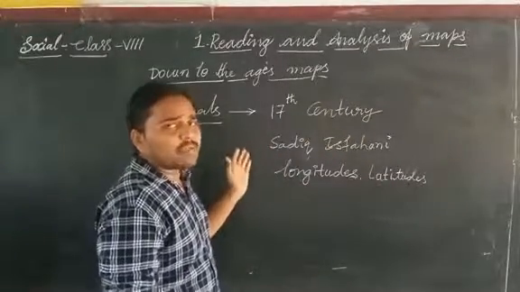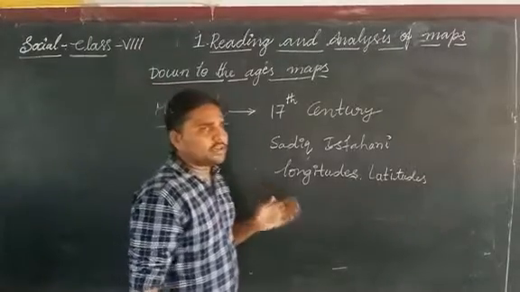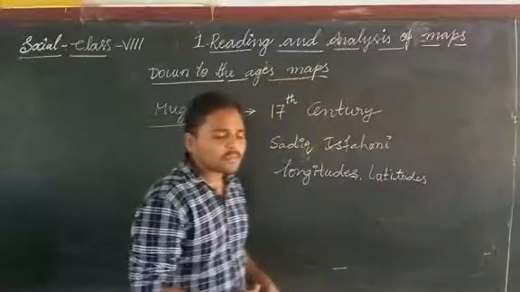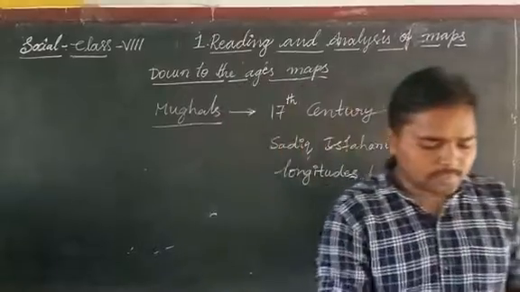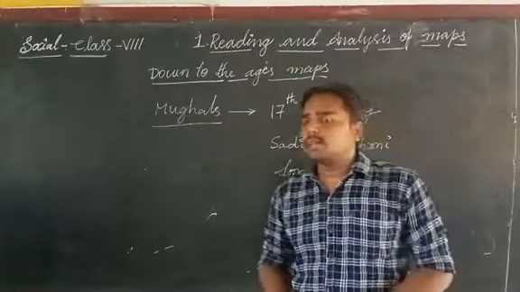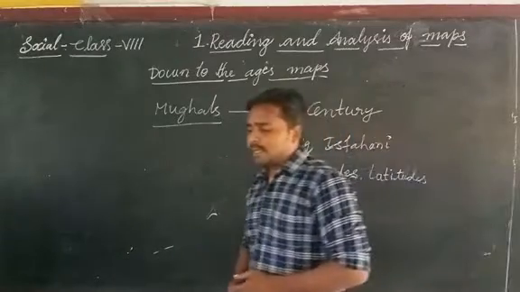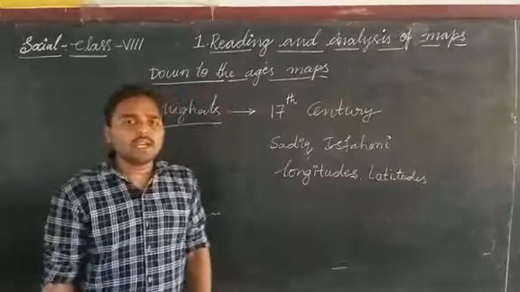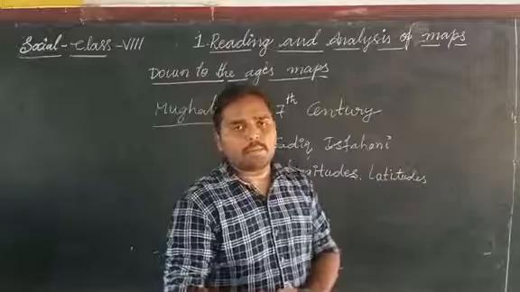From the time of the Britishers, the maps totally changed. The maps are drawn in a right way. Okay, children, this is the historical structure of maps. In the next class, we will discuss the history of Sumerians and Babylonians according to the maps.